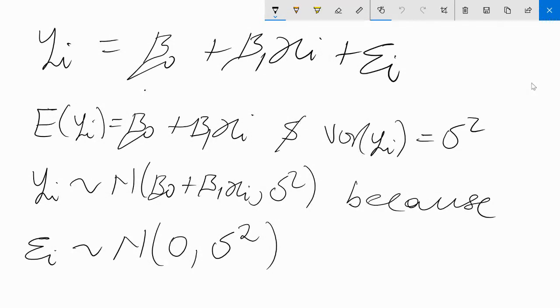And we know that the error term is normally distributed with a mean of 0 and a constant variance sigma squared. So we have discussed that.